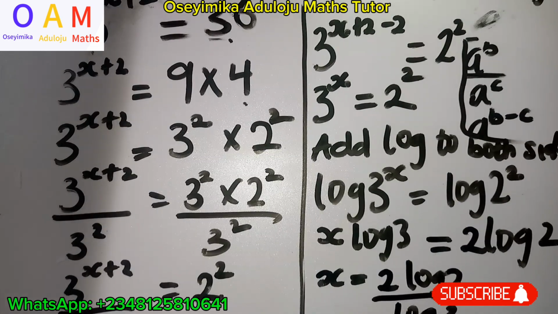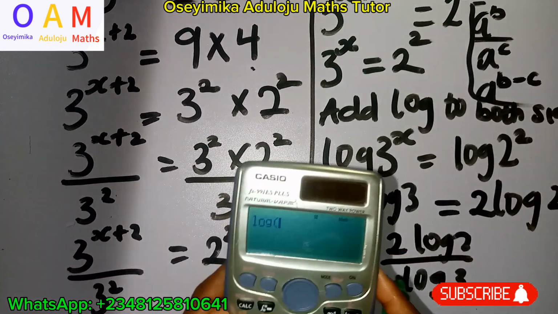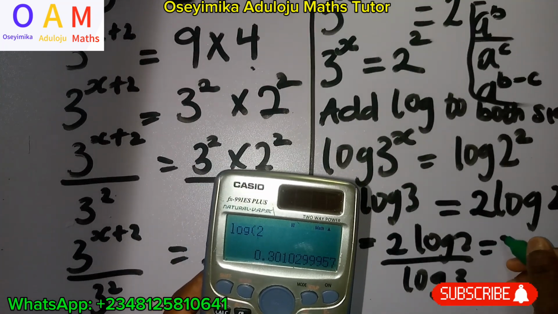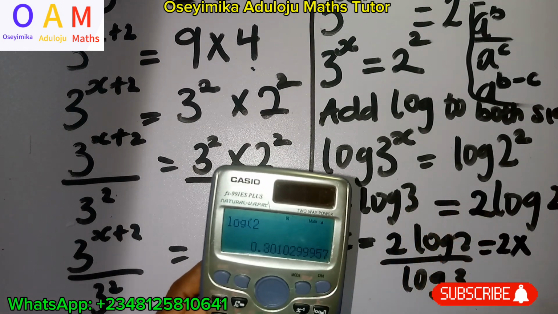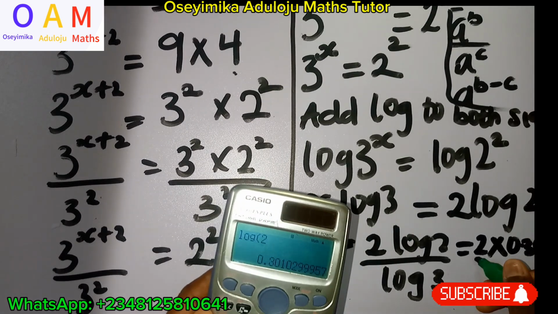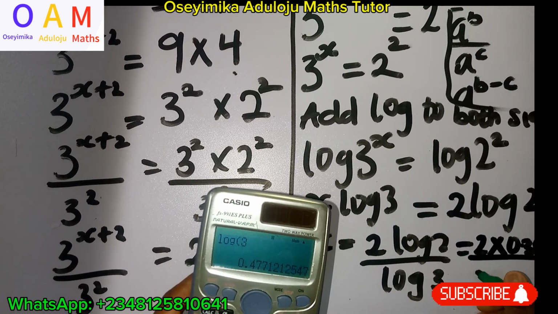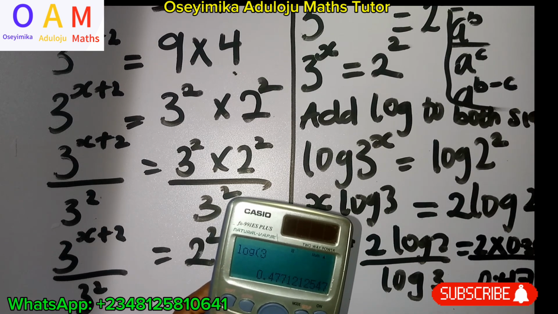So from our calculator, log 2 is 0.301. Let me put it in 2 decimal places. Divided by our log 3, which is 0.4771.